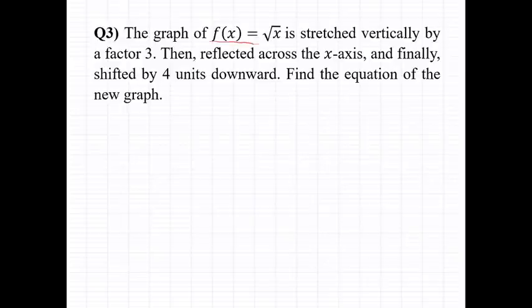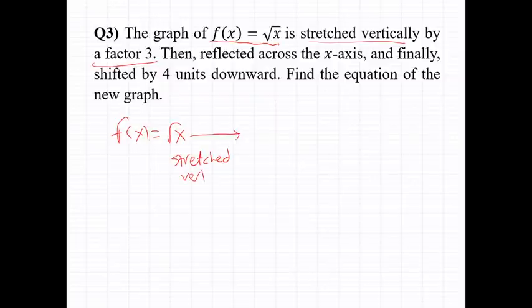Now, the graph of f of x equal to square root of x is stretched vertically by a factor 3, then reflected across the x-axis, and finally shifted by 4 units down. Find the equation of the graph.